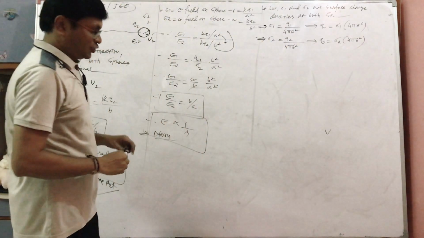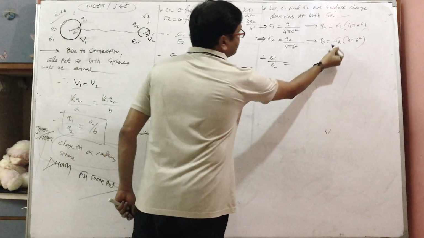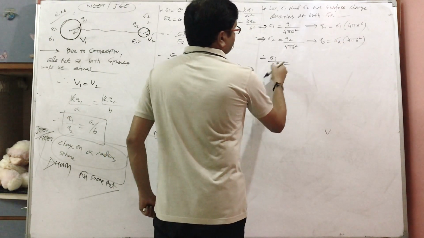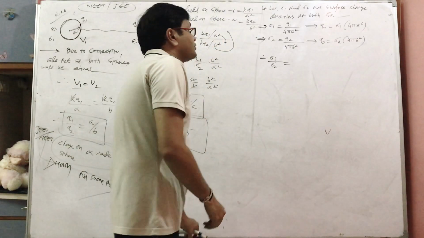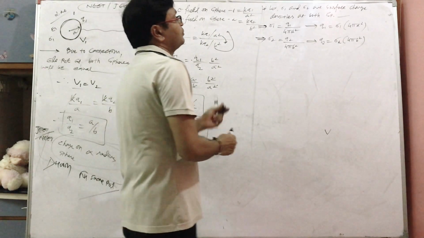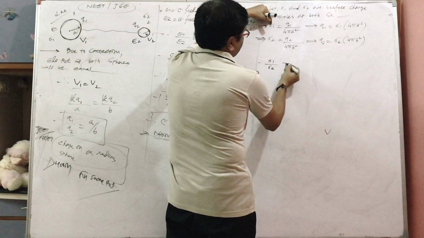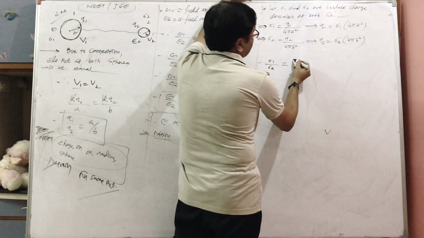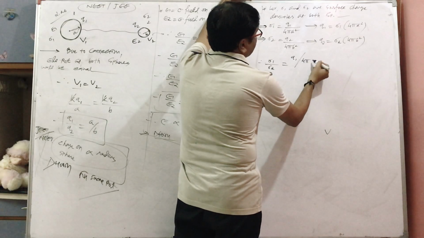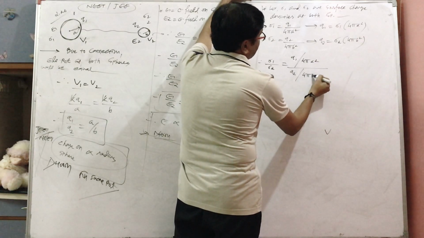Now we take the ratio of sigma 1 to sigma 2. You can also take the ratio directly, but we take it in the form of charge, or in the form of sigma. Here we can apply the direct formula of sigma 1. Sigma 1 by sigma 2 is simply Q1/4 pi a square upon Q2/4 pi b square.